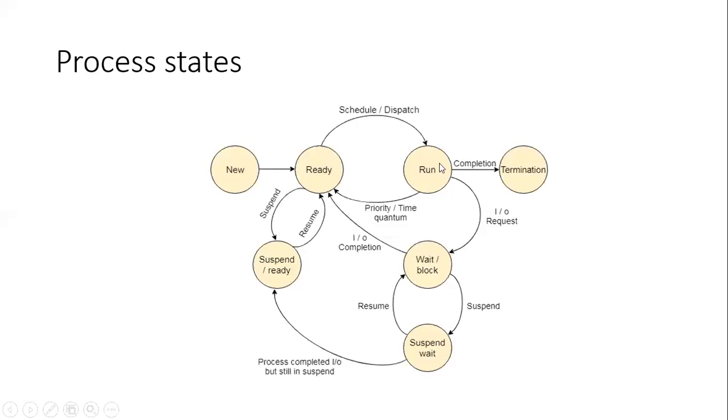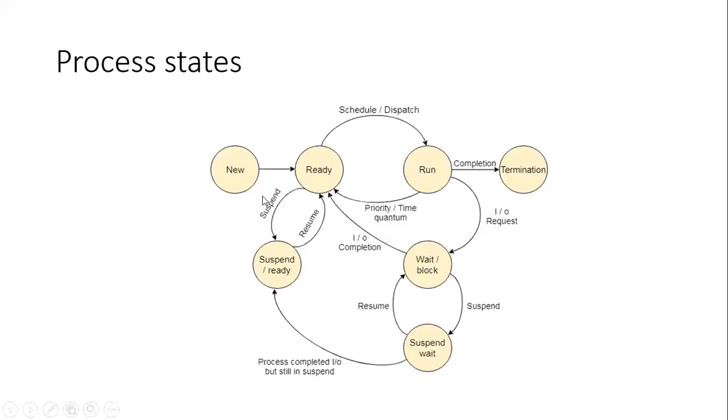Now when this process is executing, and once it is executed successfully, it goes into the terminated state. Once it is terminated, the reserved resources of that process are released, so that other processes can execute their tasks with the help of those resources.